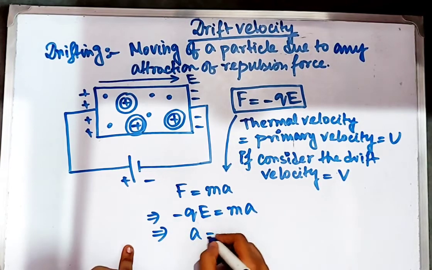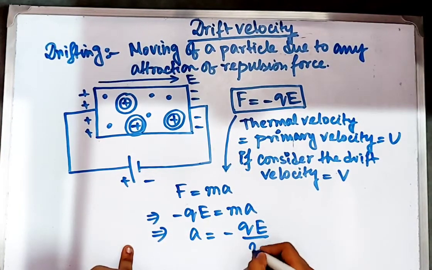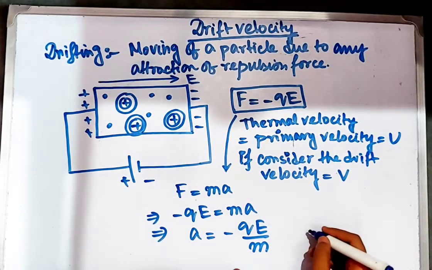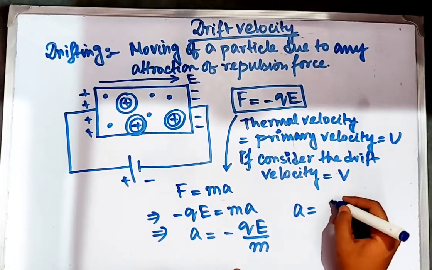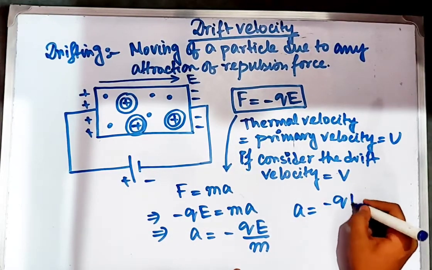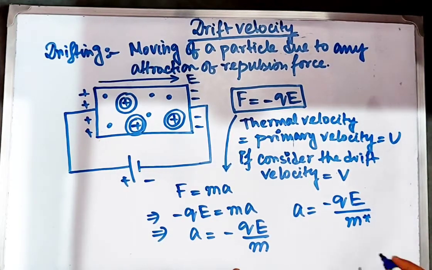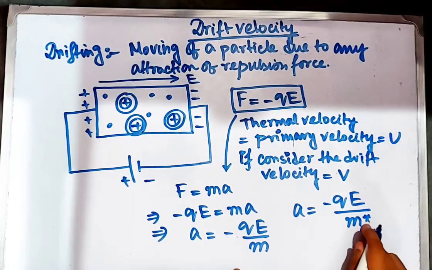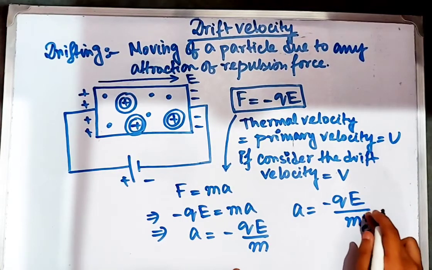So the acceleration value is minus qE divided by m, but we will write it as a equal to minus qE by m*, where m is the mass of the electron, so I will denote it as m_e*.